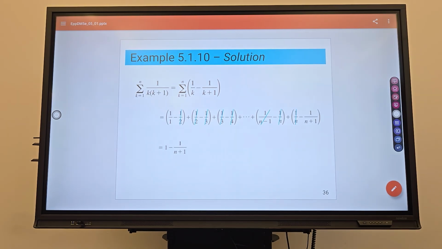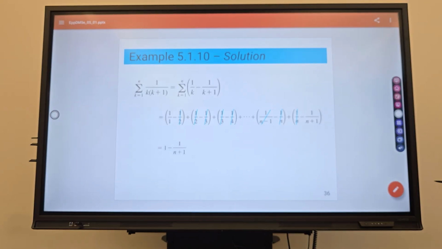So you can solve a summation, get rid of the summation symbol by expanding it out, canceling terms, and leaving what's left in terms of n.